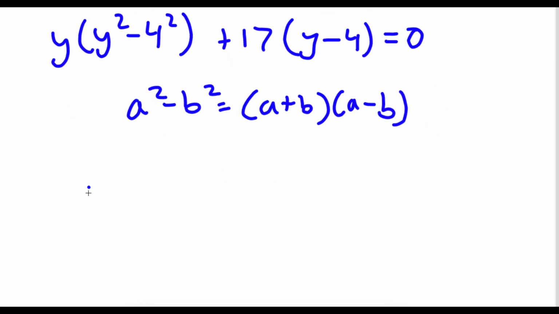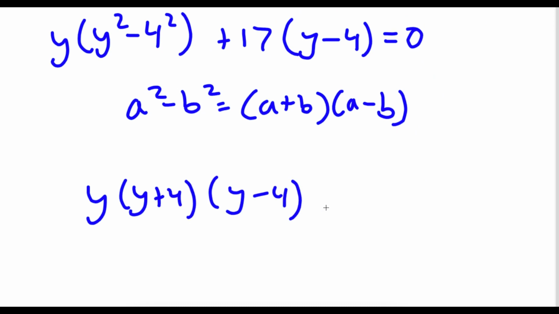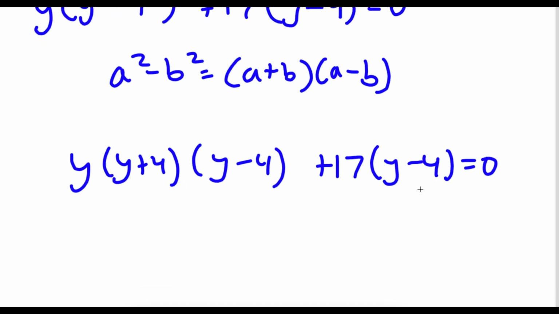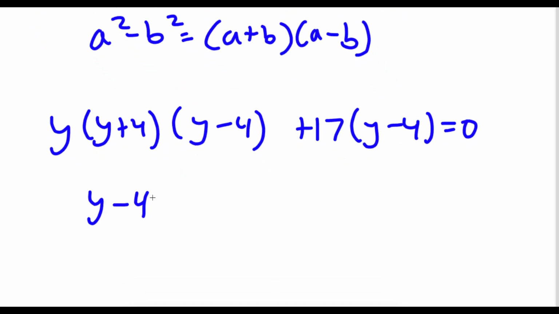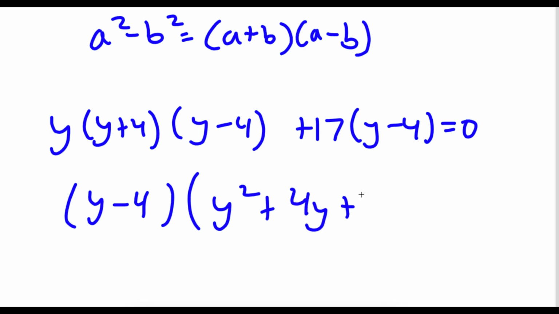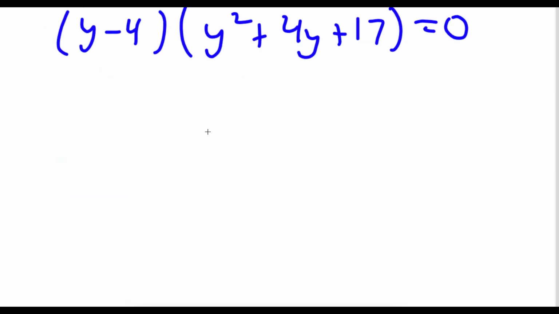So y squared minus 4 squared is going to equal y plus 4 times y minus 4. Now I can factor out y minus 4 from this, and I get y minus 4 times y squared plus 4y plus 17. This is equal to 0.